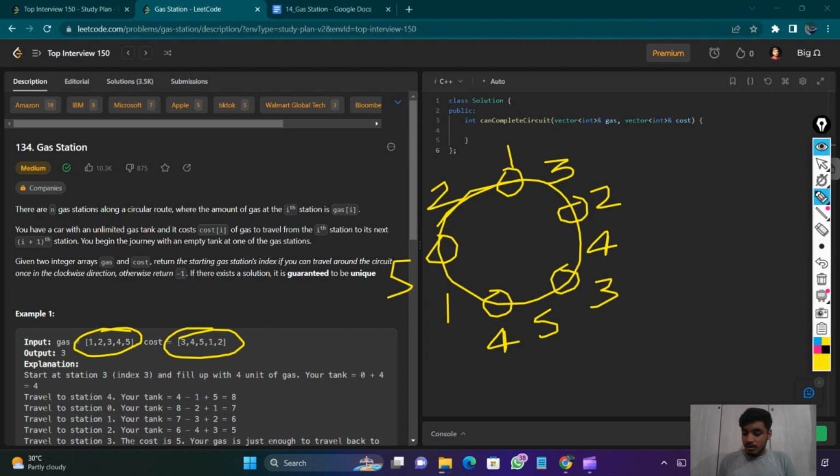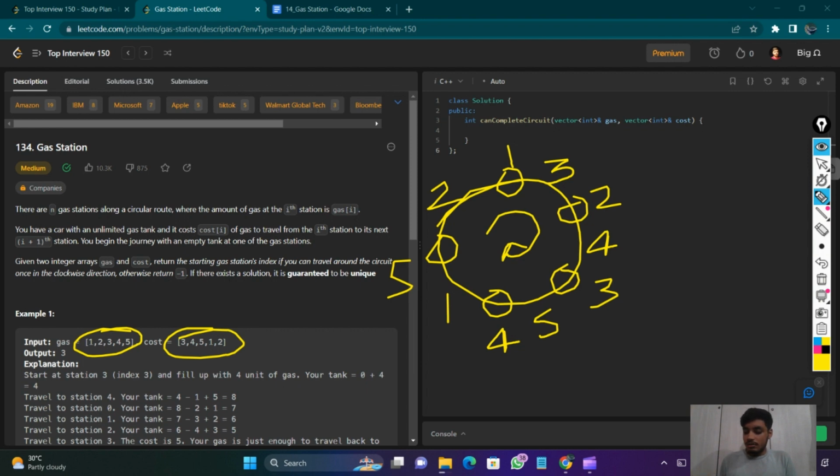Now what is the question stating? You have to find the index, the position of a gas station, from which if you begin your journey and move in a clockwise direction, you can reach the same gas station, and you do not find yourself in any situation where your gas is empty or not enough to move to the next station.